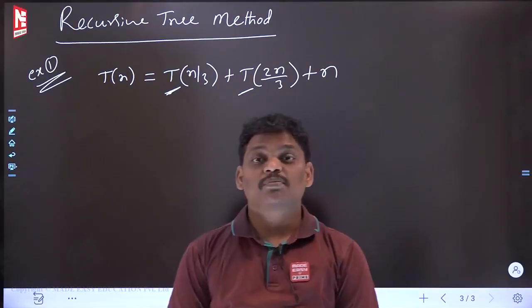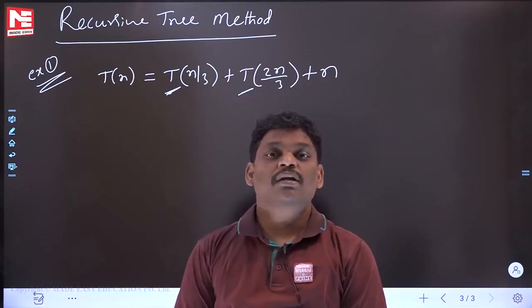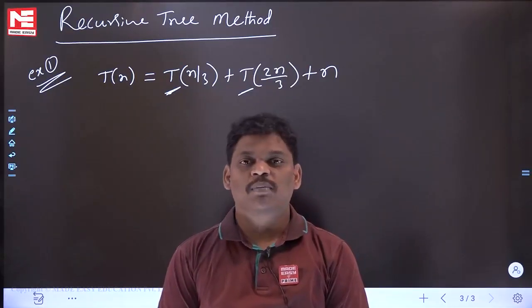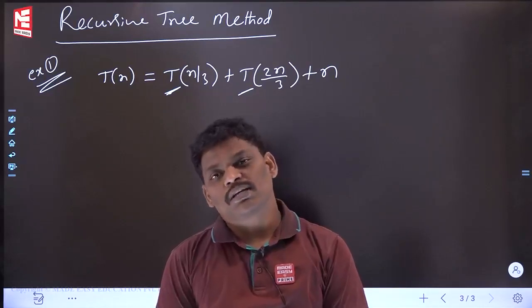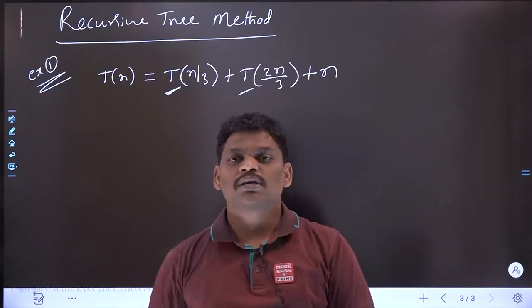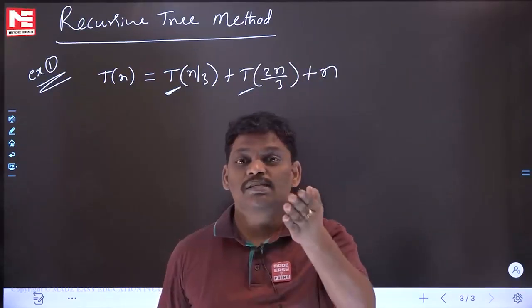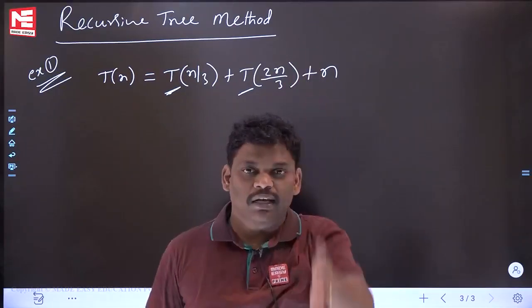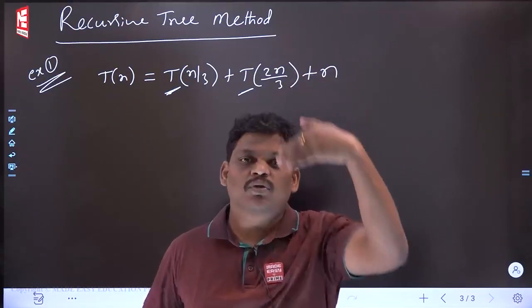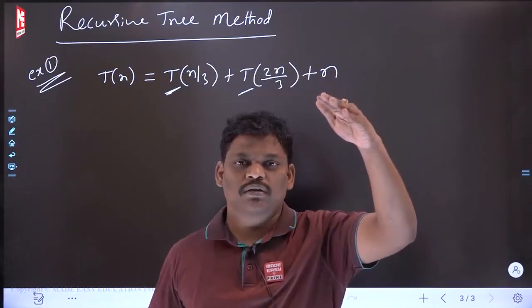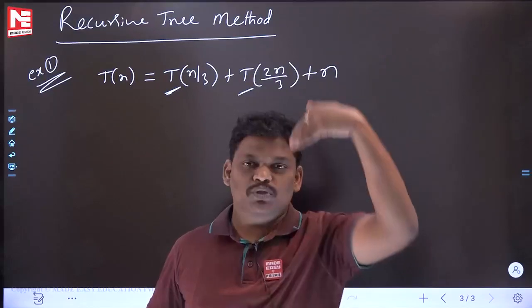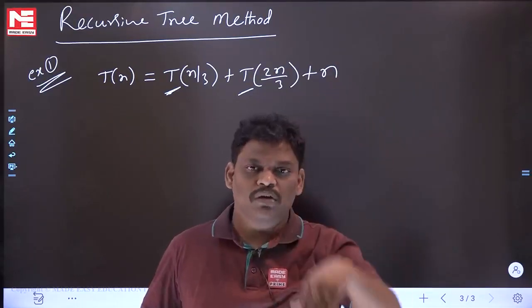Some people are asking, in the substitution method, can't I go for the recursive tree method? The substitution method is also a recursive tree kind of thing. The only thing is, in the substitution method, only one function call you keep on substituting. That is the reason the substitution method will give a one-array tree. First one will substitute, second one will come, second one will substitute, third will come, and so on.